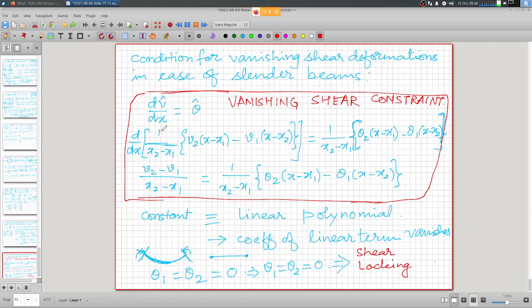So when theta 1 is equal to theta 2 and they do not rotate, so obviously theta 1, theta 2 is equal to 0, so there is no section rotation, so there is no difference in the slope as well. dV by dx is equal to 0, so V1 is equal to V2, and that will also be equal to 0.